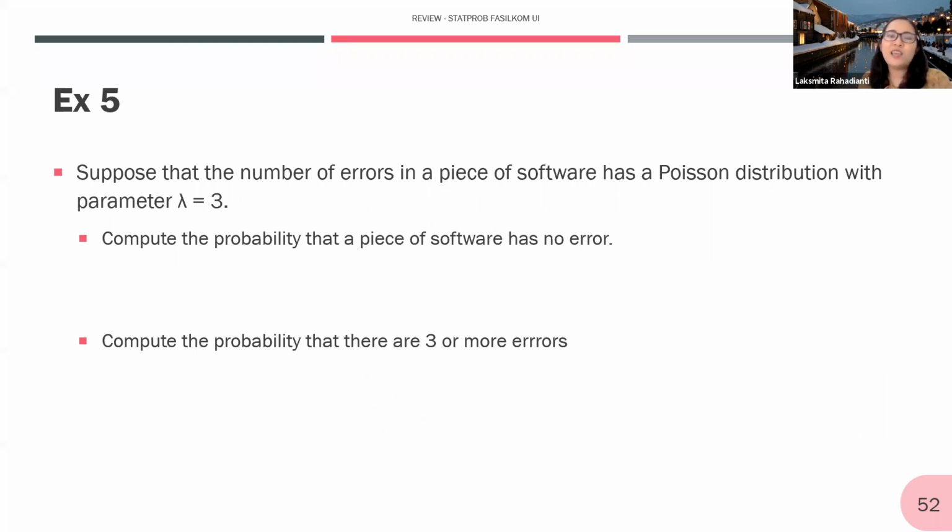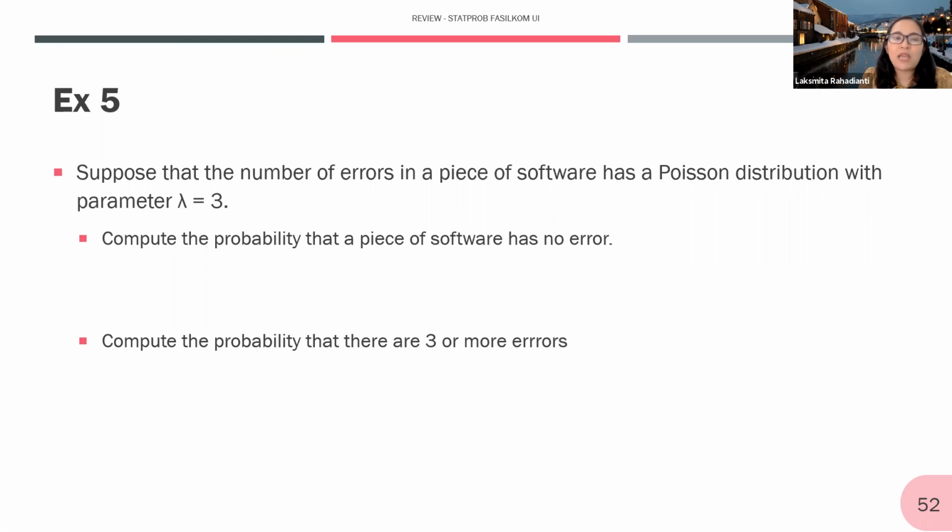Yes. Okay, so say you're submitting your code for a programming task, and the number of errors in your software, in your submission, has a Poisson distribution with rate parameter lambda equals 3.